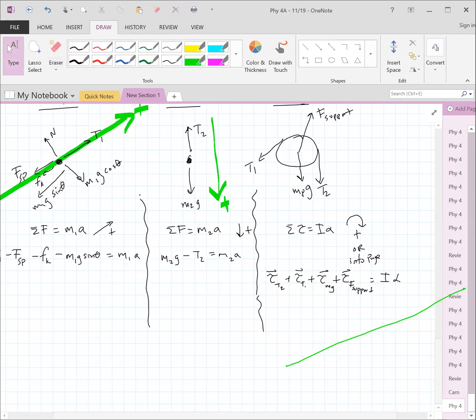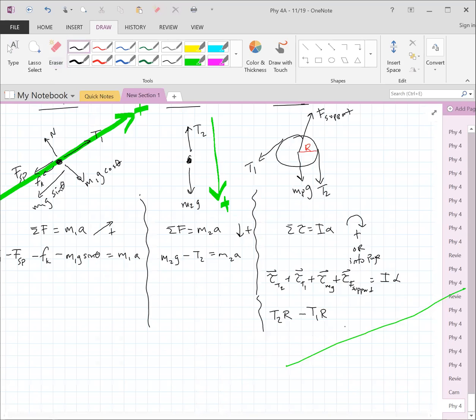Okay, now let's go fill these in. The torque caused by T2, that's going to be the force, T2, times its lever arm. And what's its lever arm? Just the radius of the pulley, right? The torque caused by T1 is in the negative direction, minus T1 R. The torque caused by mg: you see mg goes right through the axis of rotation, the center of the pulley.